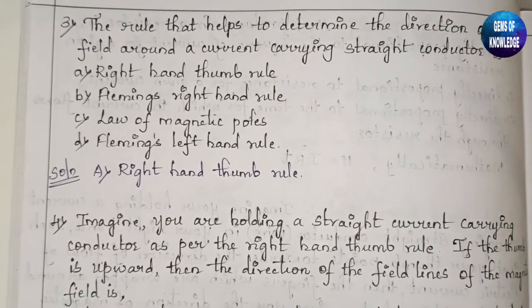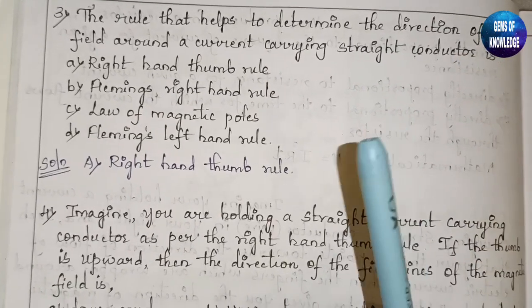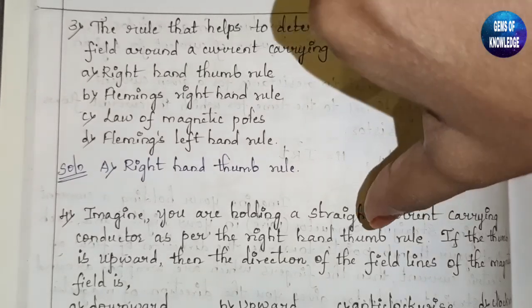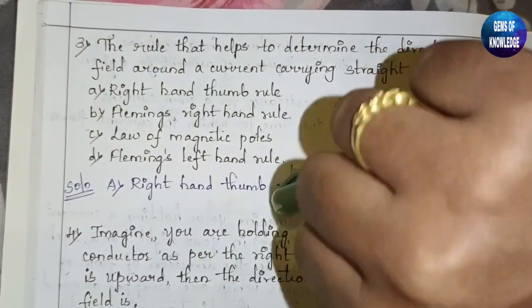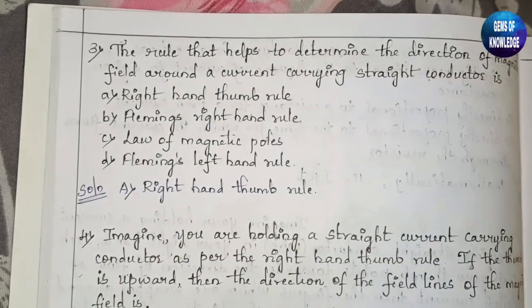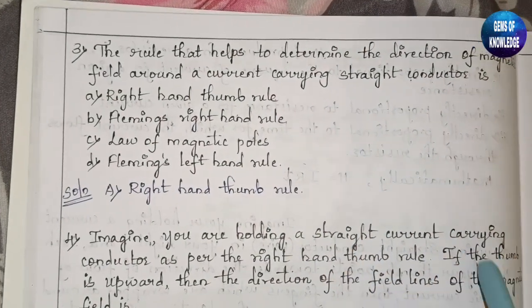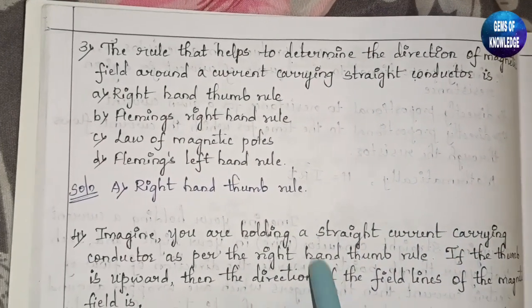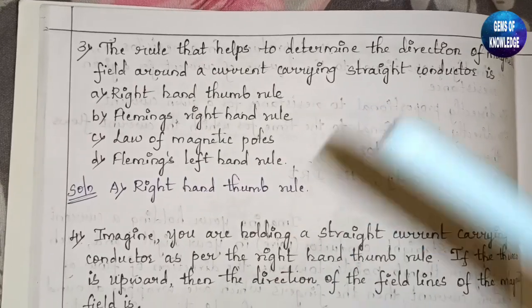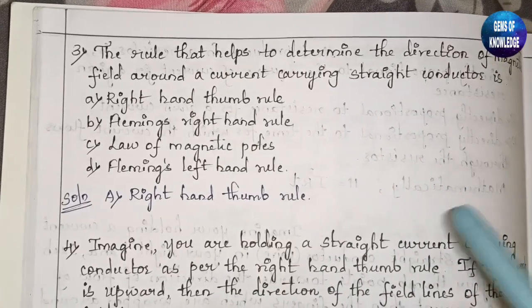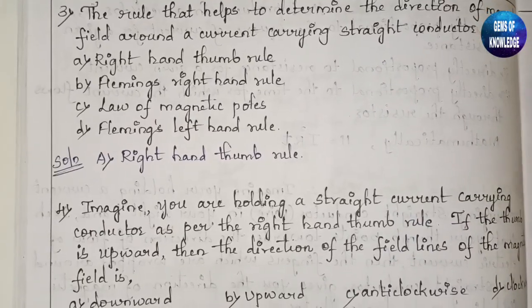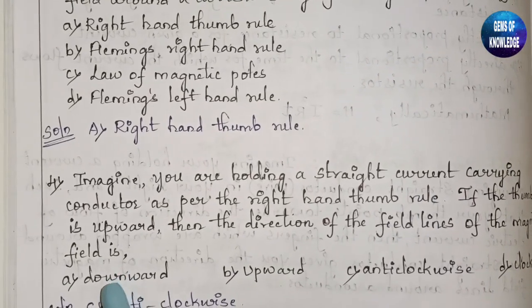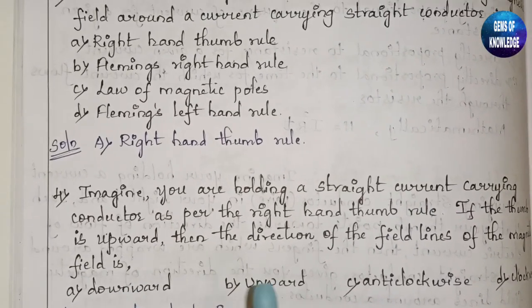They are asking. If the thumb is in the downward direction, then all the fingers which are pointing show that your magnetic field is moving in this direction, that is clockwise direction. Now if the thumb is in the reverse manner, then obviously it will move in an anti-clockwise direction. So here they have given upward and downward.